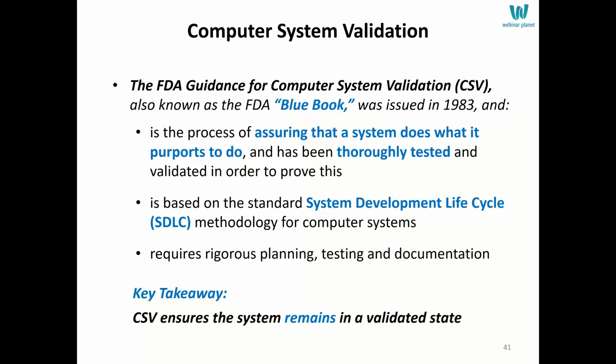And then as you make changes, there is a requirement to plan them, do the right level of testing, and document that changes were made correctly. The second thing FDA said, besides assuring a system does what it purports to do and is thoroughly tested, you have to maintain the system in a validated state throughout its life. So those are the two things called out in the first guidance that are still required today.